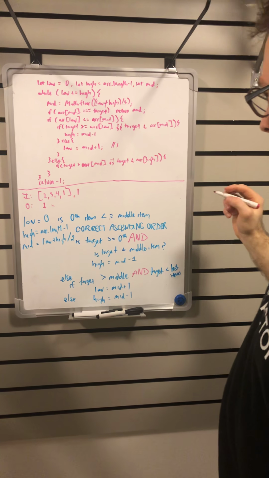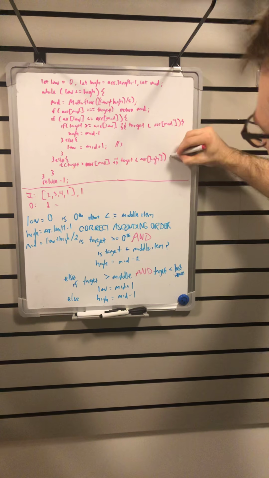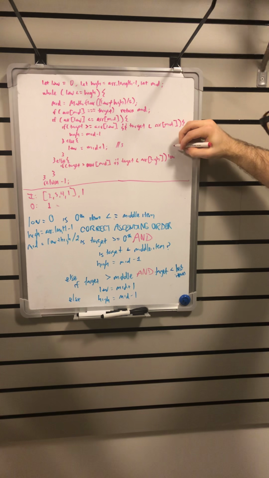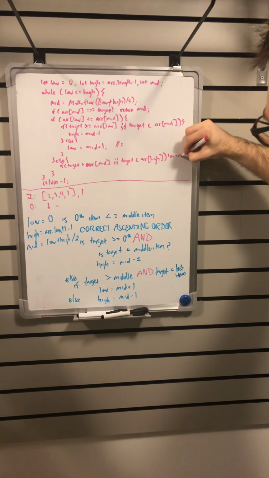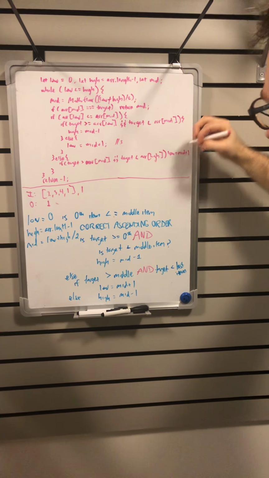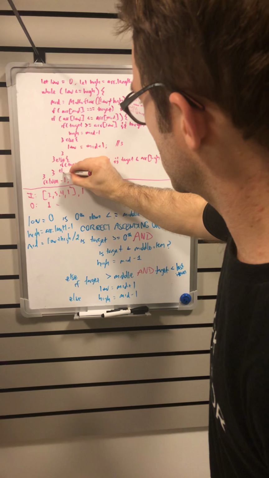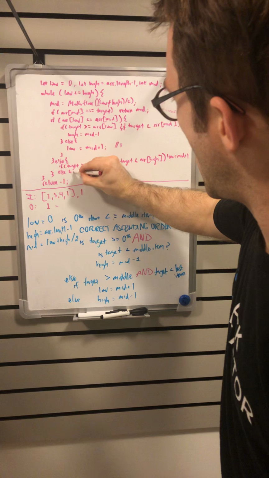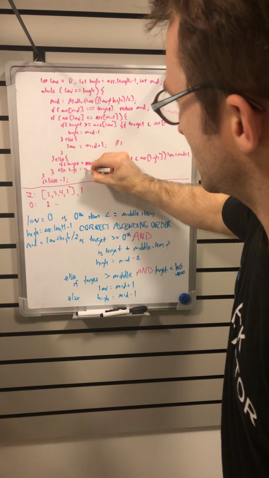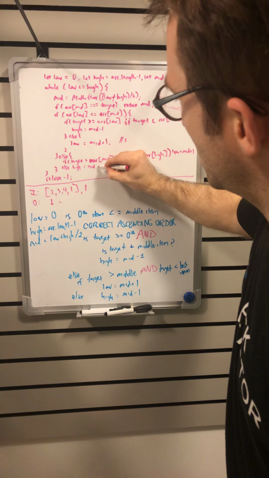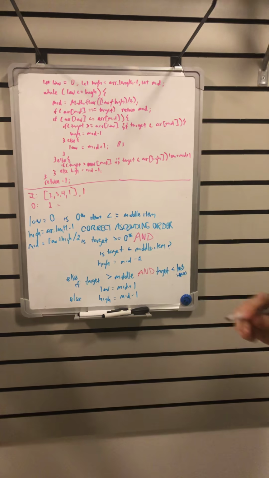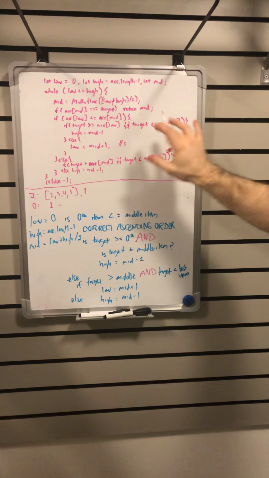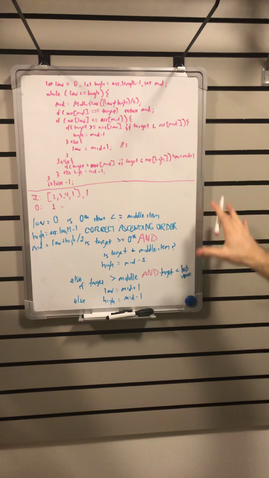If that's the case, then we basically want to say low equals mid plus 1. Else, we want to say high equals mid minus 1. So that is the full code.